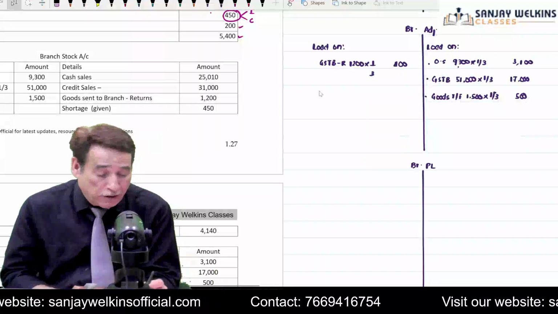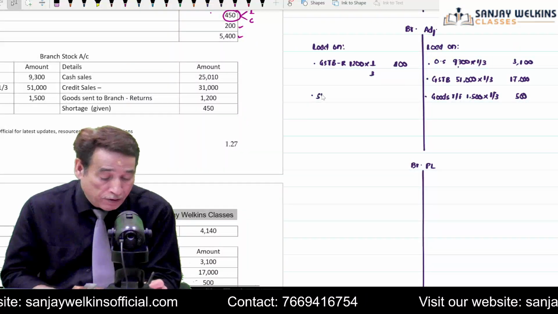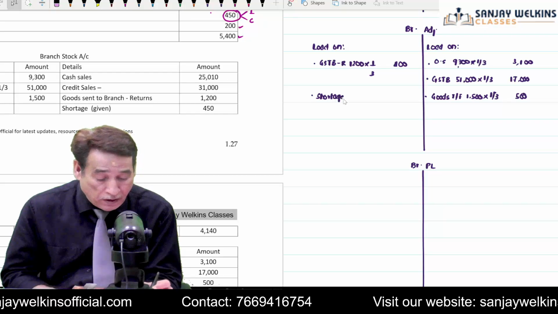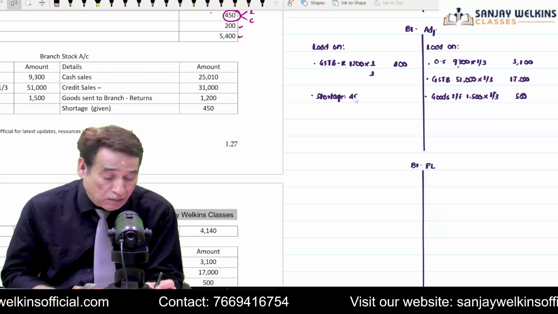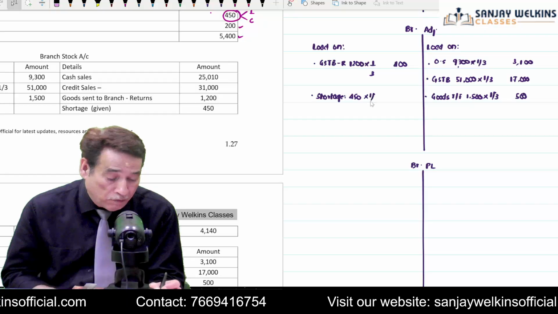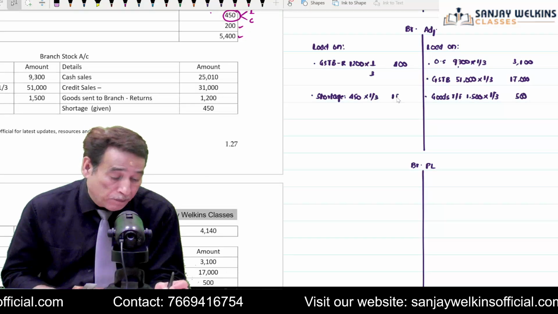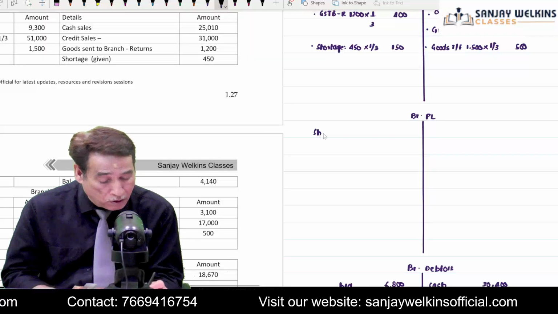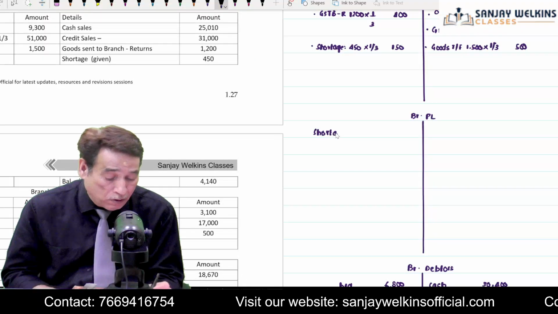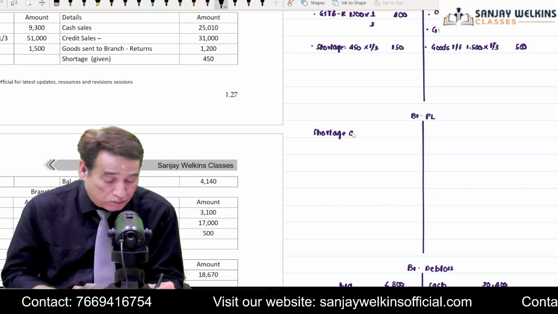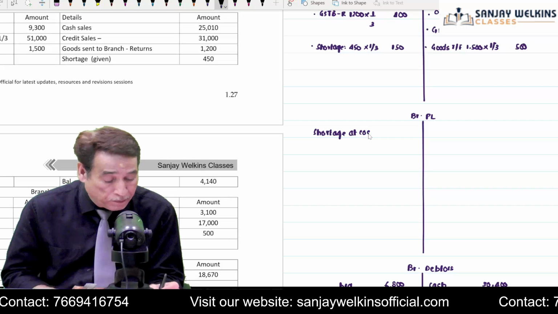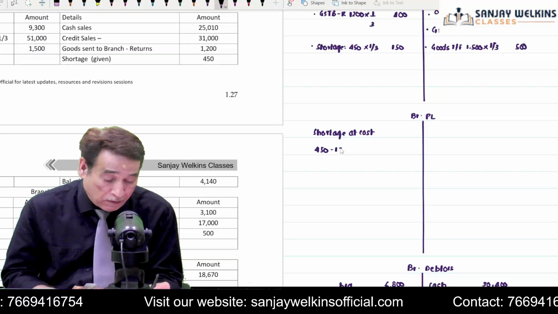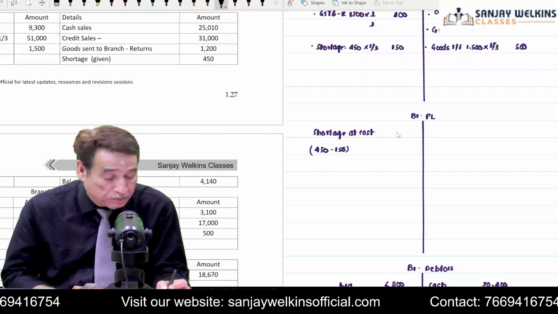So we will write here loading on shortage or deficiency. 450 is the amount. 1/3 will be your loading, 150. And then you will write shortage at cost. Now shortage at cost will be 450 minus 150, that is equal to 300.